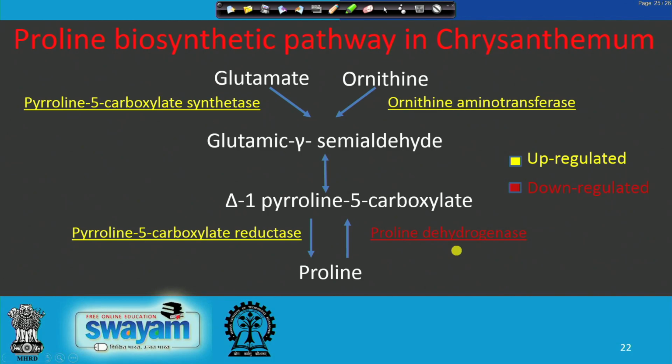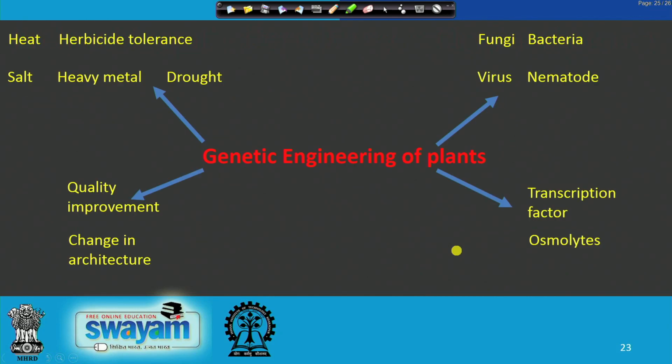So, in this way different approaches are taken by different scientists to do metabolic engineering to finally get stress tolerance mechanisms. Several scientists have worked on the genetic engineering aspect, which we will discuss from here onward.